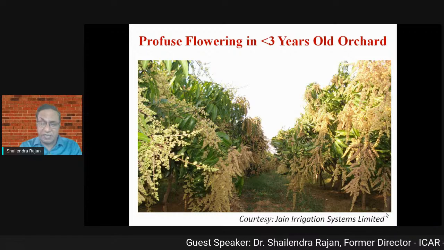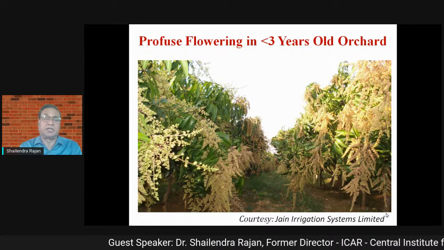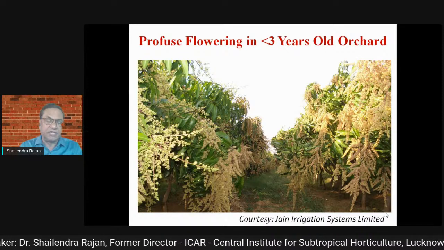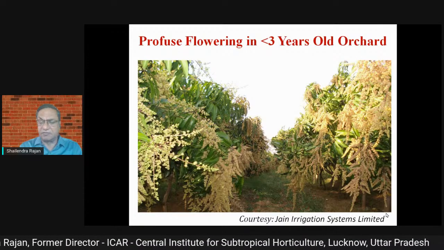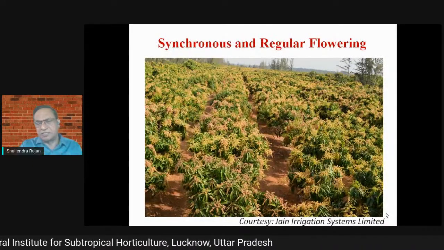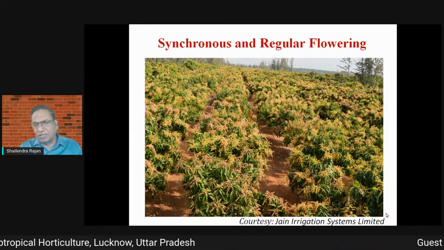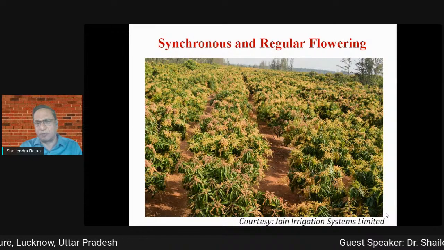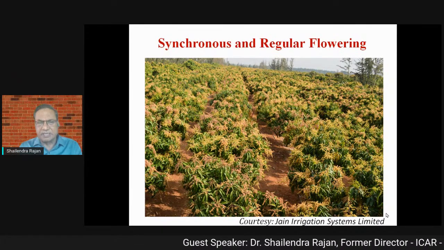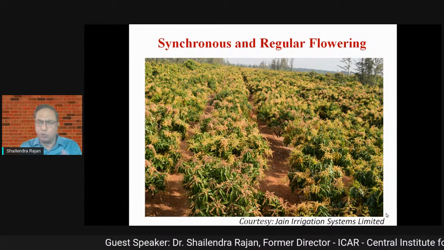Most varieties are precocious, with a very short juvenile period, and flowering can be induced using paclobutrazol also. In the south and other parts where synchronous flowering is a problem, and in the subtropics where it is important, it is very common due to the temperature effect.